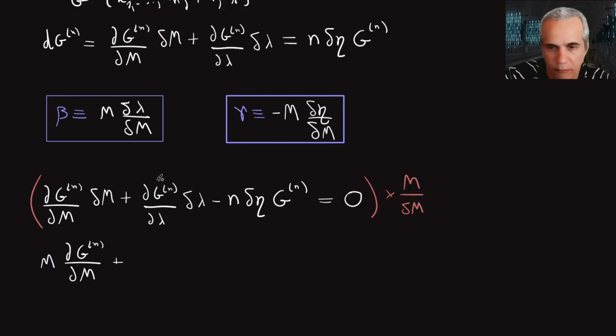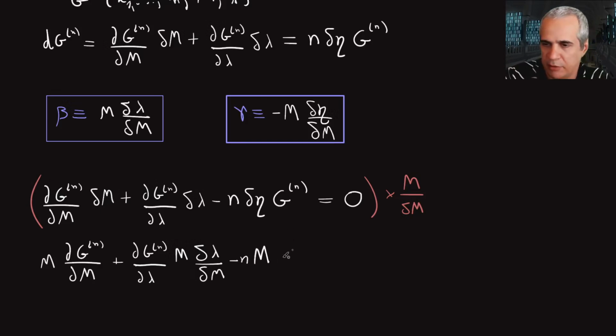In this piece, I get, let me just copy this part. And I have multiplied by m, and I have delta lambda over delta m. Here it's the same. I have minus n m delta eta over delta m times Gn.